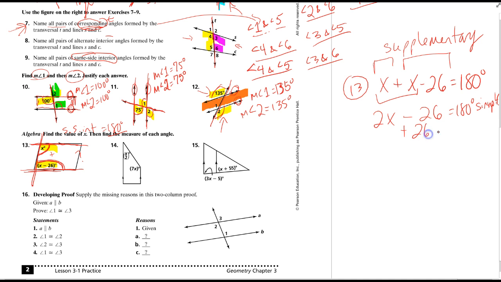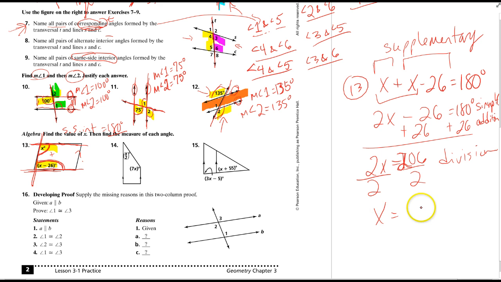Now I'll add 26 to both sides because of the addition property of equality. Now I'm down to 2x equals 206. Divide both sides by 2, division property of equality, and x is 103 degrees. So then we've found the value of x.